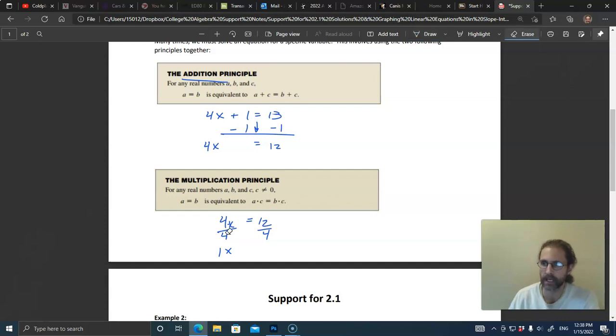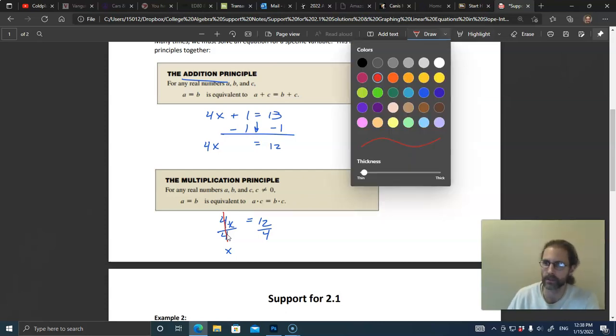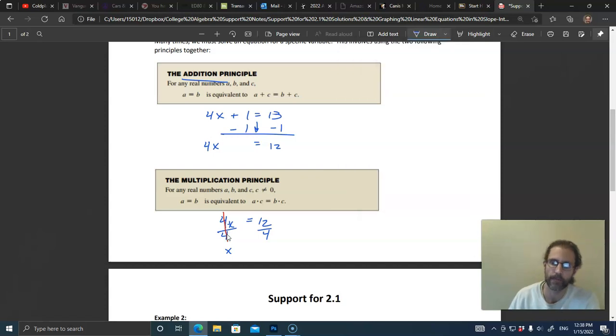So 1 times x, we typically just write as x. And lots of times, guys, what people will do is say, well, the 4's divide out, so they'll cross those out. Okay, so you'll see me doing that throughout in the course. And so we're just left with 1x. We bring down our equal sign, and then we've got to divide the right-hand side by 4. So 12 divided by 4 is 3. And so this ends up being the solution.